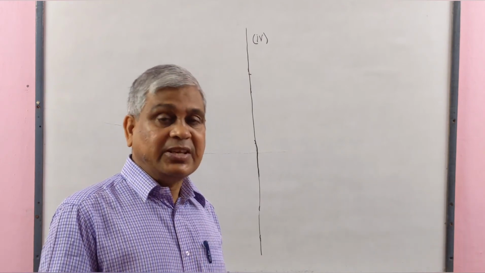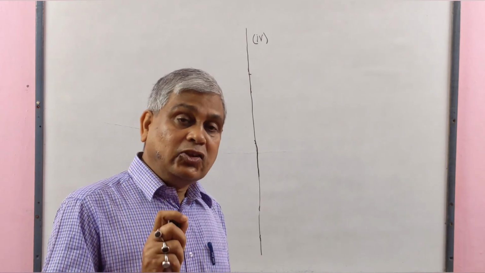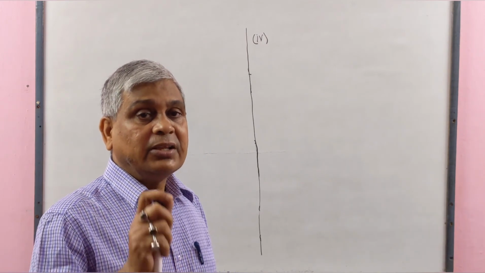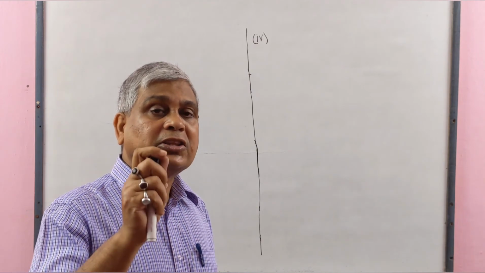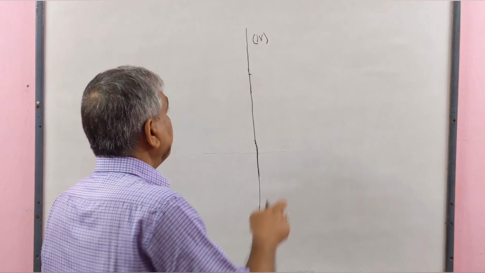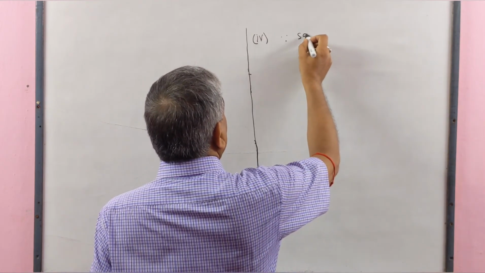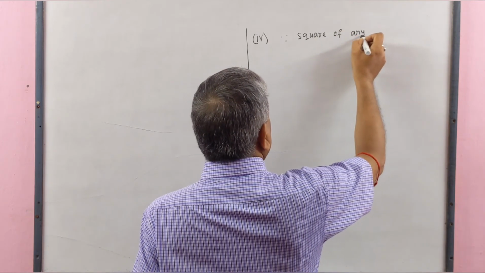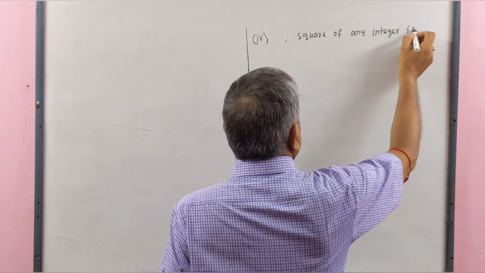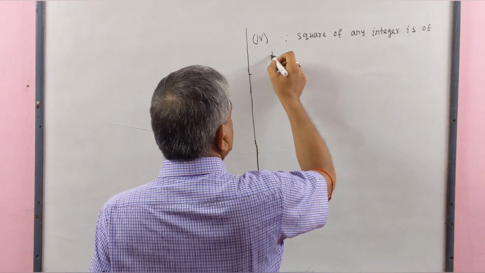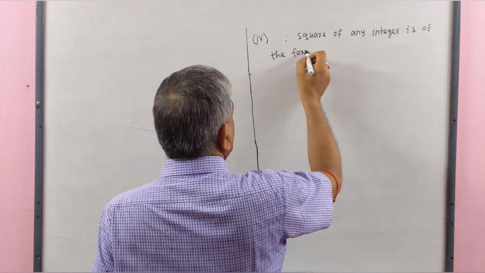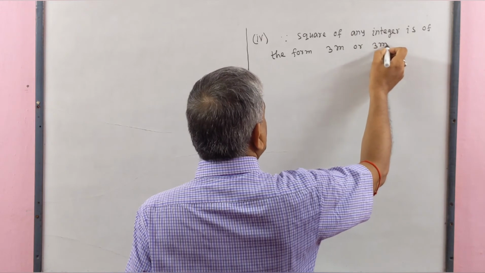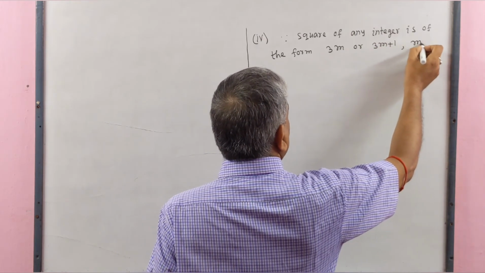Since we have seen that the square of any integer is of the form 3m or 3m plus 1, m belongs to Z.